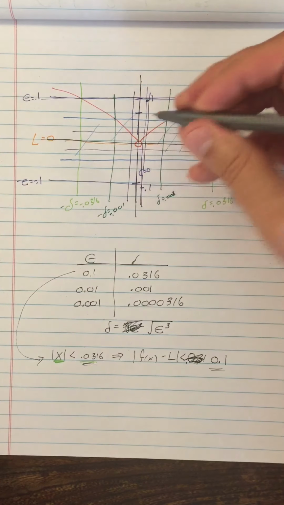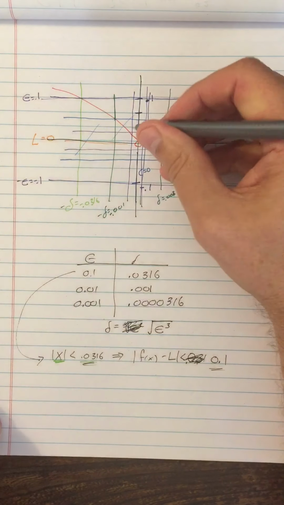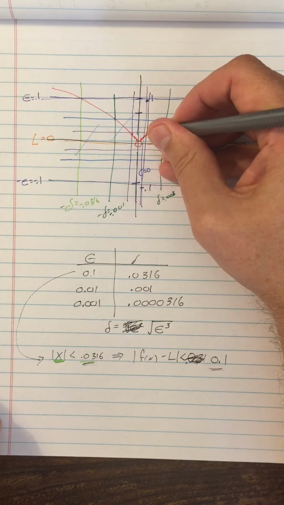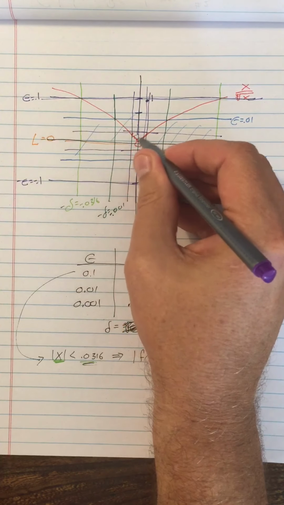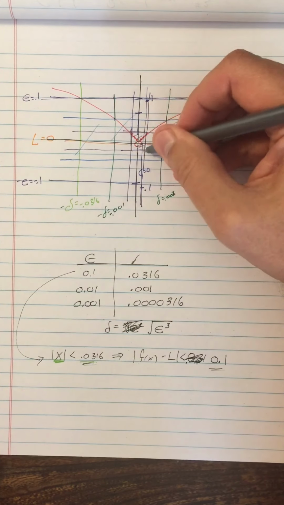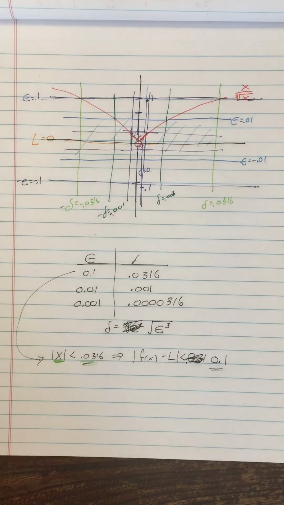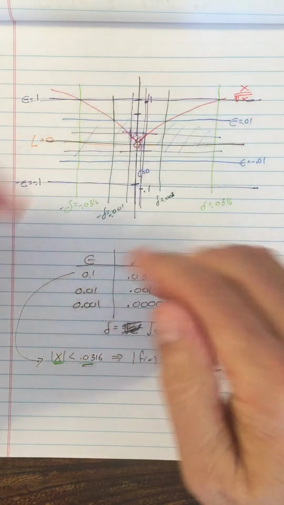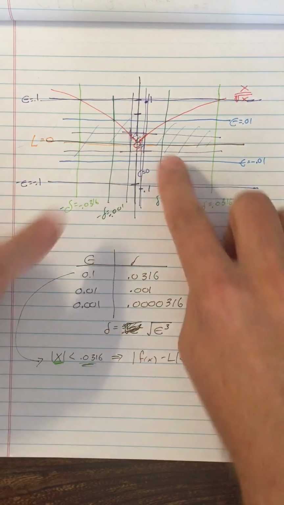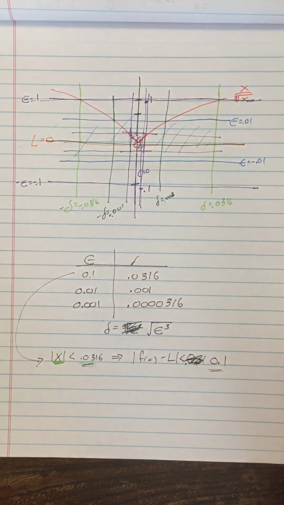Got to be like that because what we want is all of the red points to be inside the epsilon band as long as they are also within the delta band. So basically what's happening is you're zeroing in on that hole, and you're getting closer and closer to that hole. But how big is that hole?